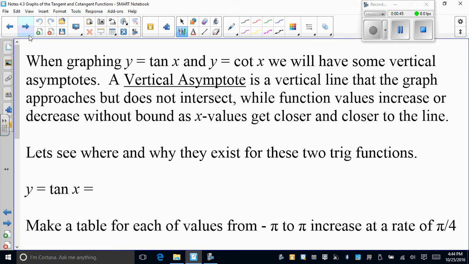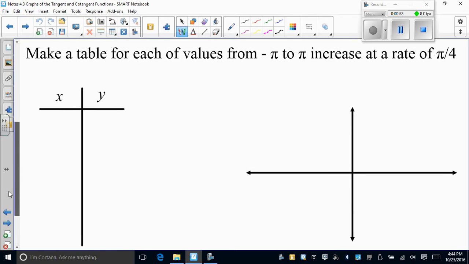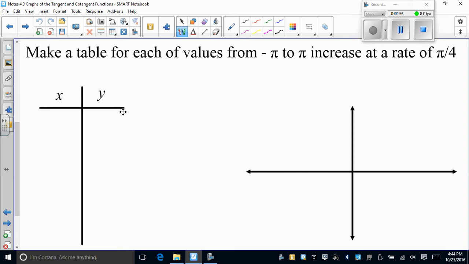So let's look at tangent. If we've got y equals tangent of x, here they want you to make a table for each of the values from negative pi to pi. If it's easier, start with the positive values and go to negative, but I'm going to go with negative.